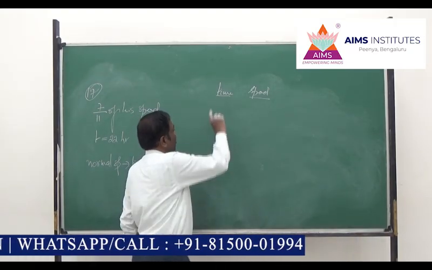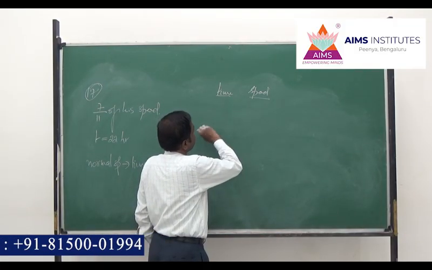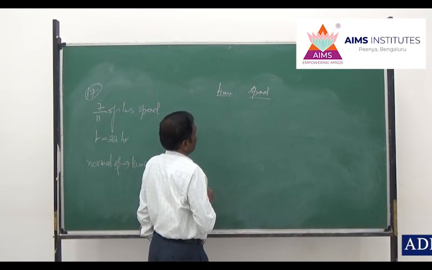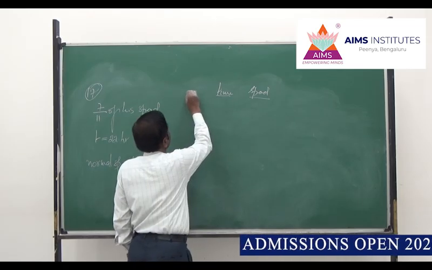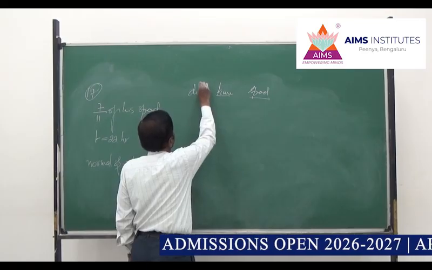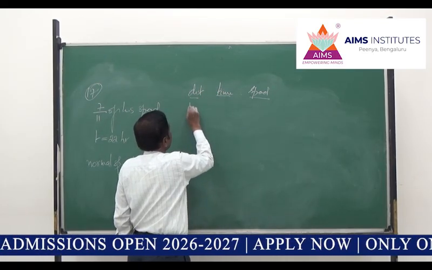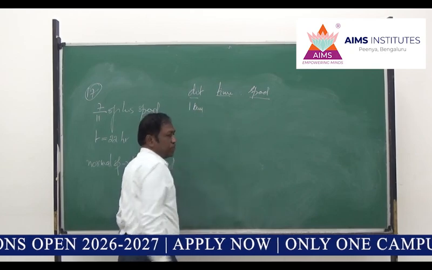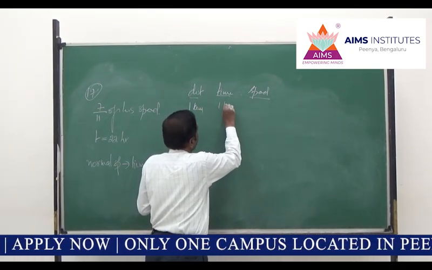And now you can see in the time and speed, let me write the distance also here. Let us take distance is 1 kilometer. Assuming the distance is 1 kilometer, time taken is what? 1 hour.